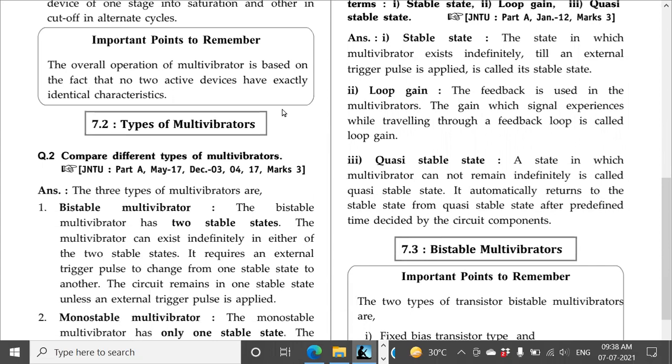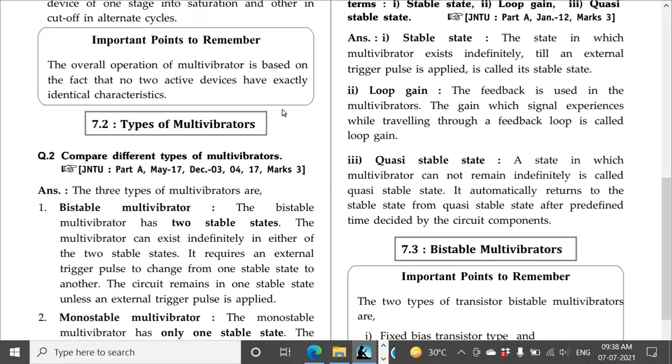Very good. In most subjects, from the name itself you can understand the concept. It has two stable states. I told you that the transistor is switching either on or off, and depending on that you have a state. What do you mean by a stable state? It means it can remain in that state indefinitely.